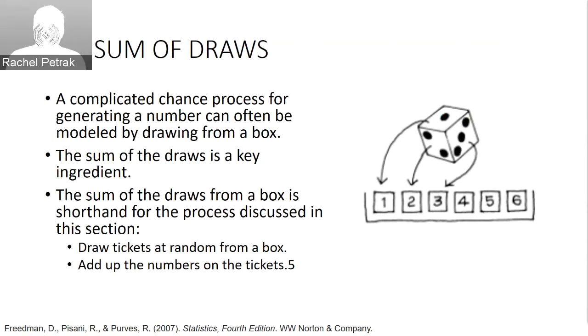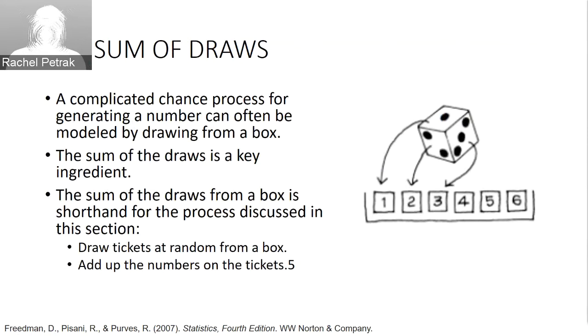For example, if you draw twice at random, again with replacement, and you add up the numbers, your first draw might be 4 and the second might be 6, and then the sum would be 10, or the first draw might be 2 and the second 5, so the sum would be 7. There are so many possibilities. I'm sure you can imagine, you've all played board games before. This is why we're starting with this simple model. So it's random how it comes out.